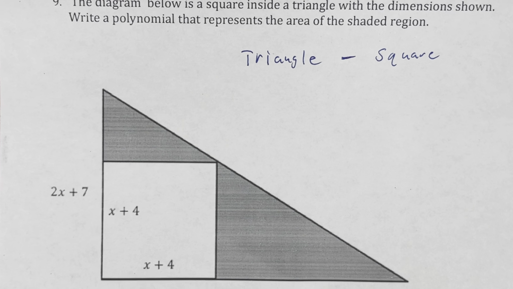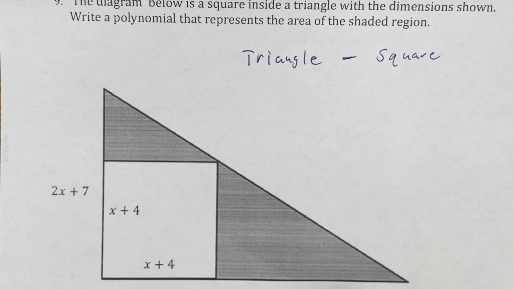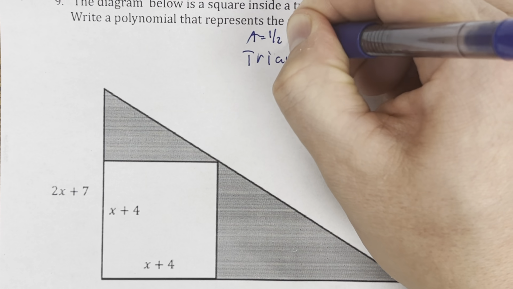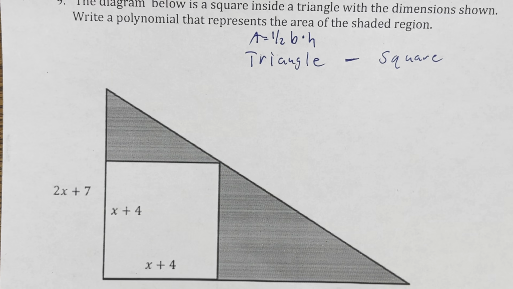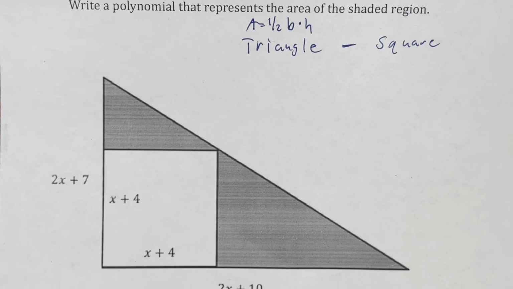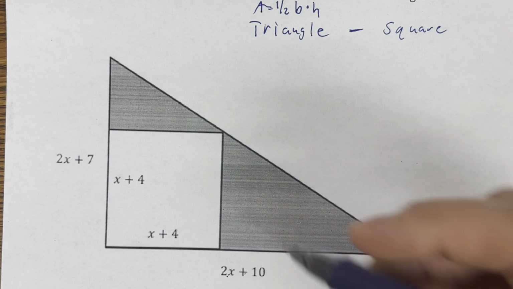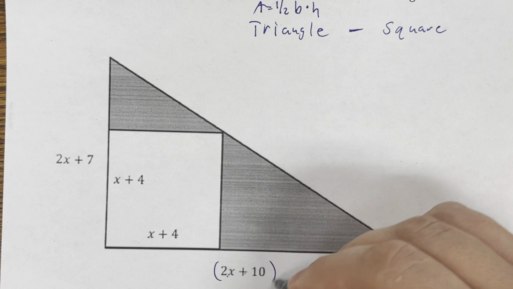So to find the area of the triangle, I have to take 1/2 times the base times the height. Area equals 1/2 base times height. So half of the base, okay, half of the base would be 1x plus 5. I have to divide it by 2 to get half. So I'm going to do that in my head. Multiply this by 1/2.